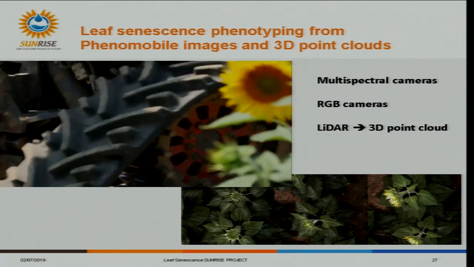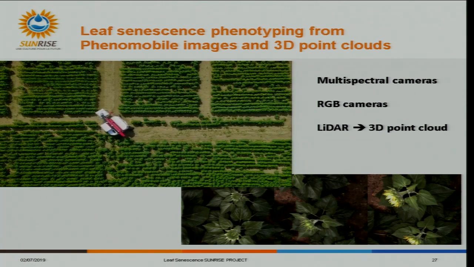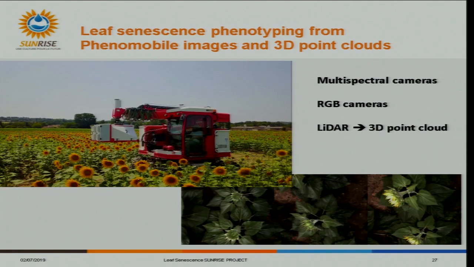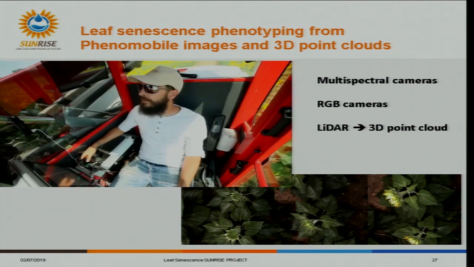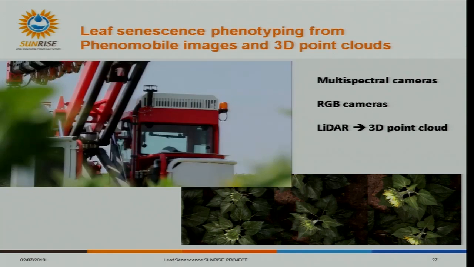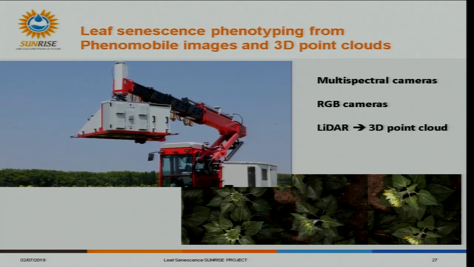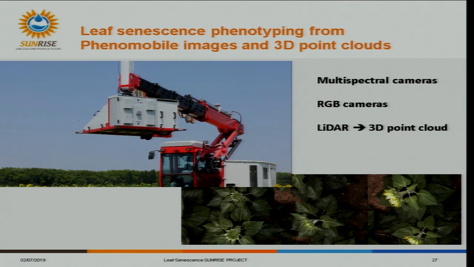It's kind of a tractor on caterpillars that has a head that goes over the plot and scans the plot. On it there are multispectral cameras, visible RGB cameras, and LIDAR 3D point cloud cameras.